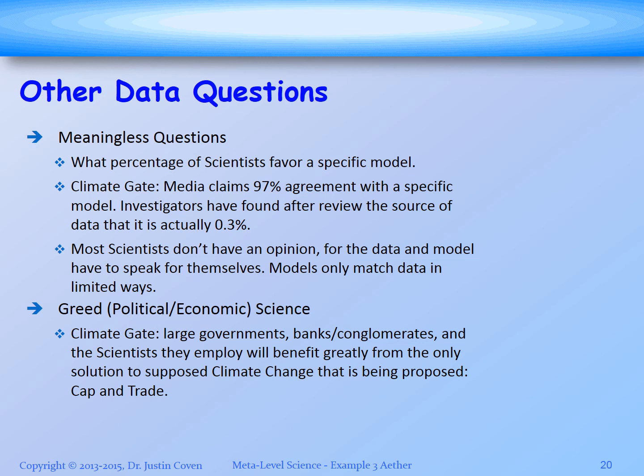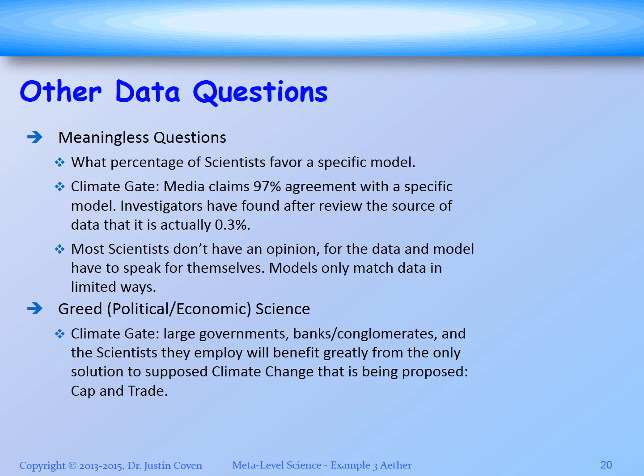However, investigators have actually looked at that data and that analysis and have found, after review, the source of data is actually only 0.3% of scientific papers where there was actually agreement with a specific model that they were pushing. Most scientists don't have an opinion, for the data and the model have to speak for themselves. Models only match data in limited ways.